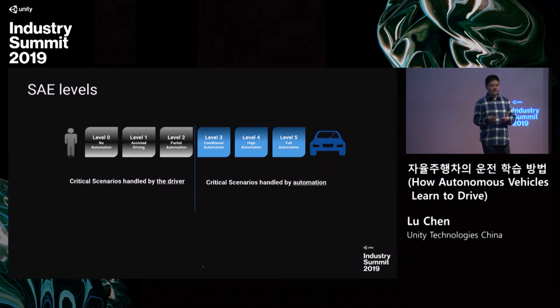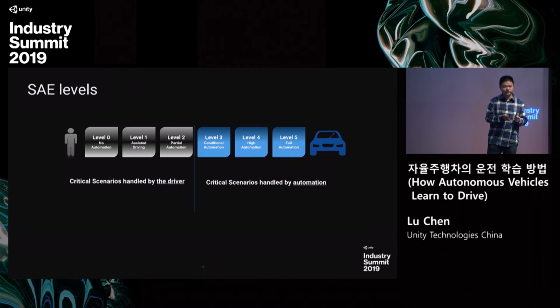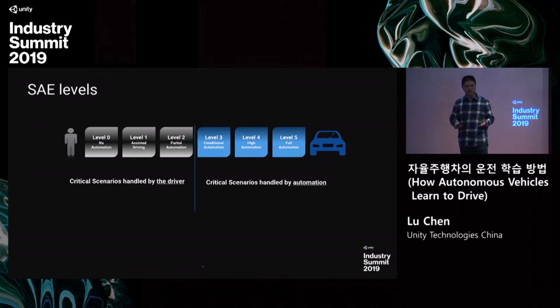Why do I introduce this? Because I want you to know we are just in the gap between level 2 and level 3, and it's actually a big gap. Why? Up to level 2, the critical problems are still solved by humans. The car is an assistant, so when it crashes, the human driver takes the responsibility.